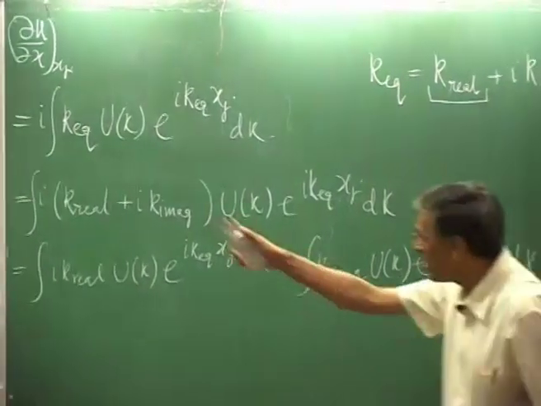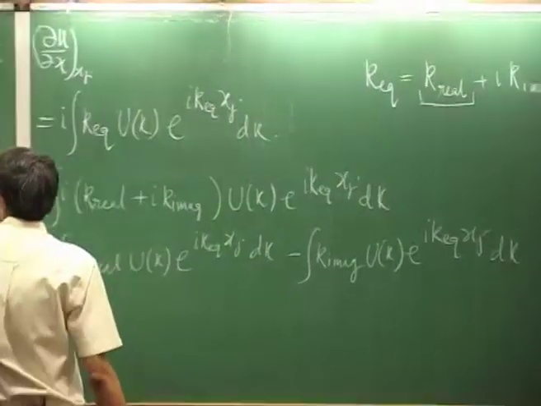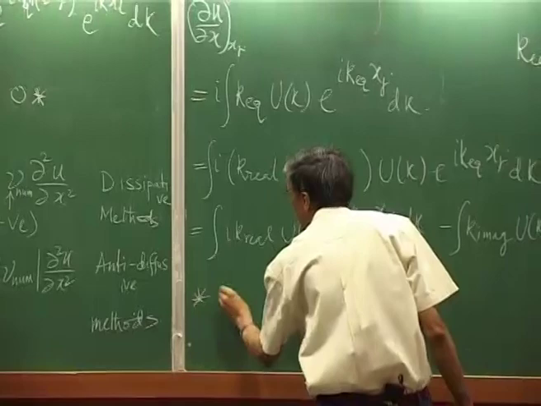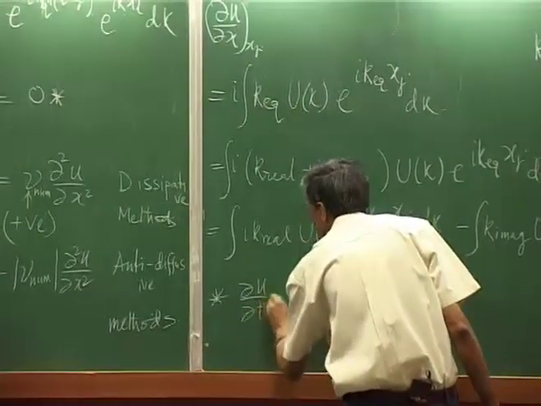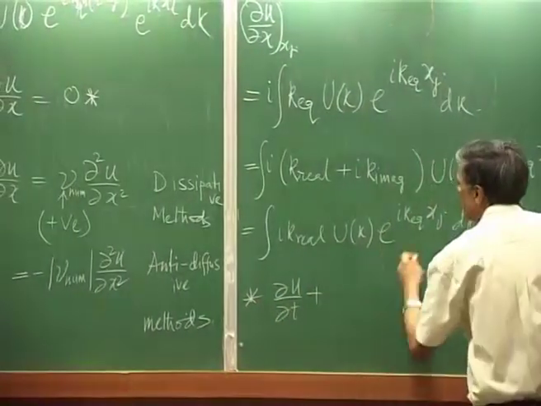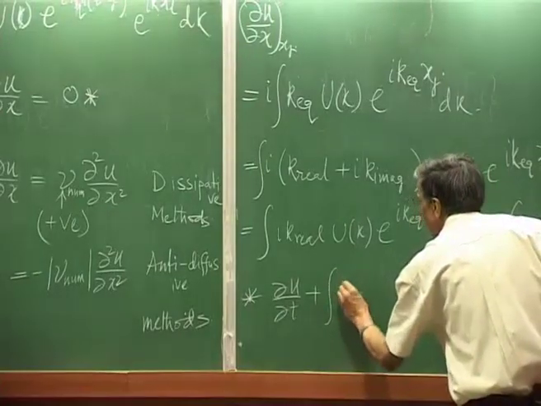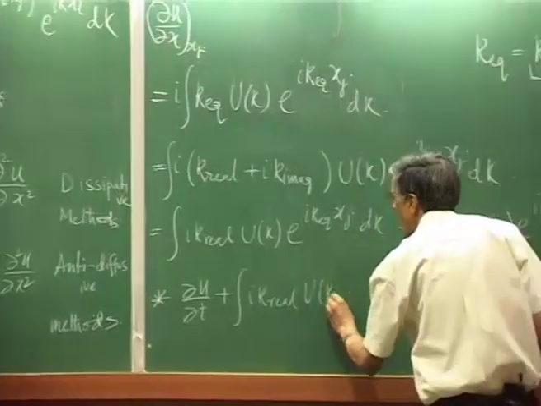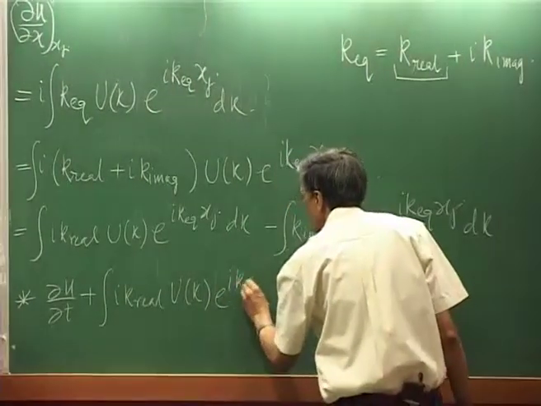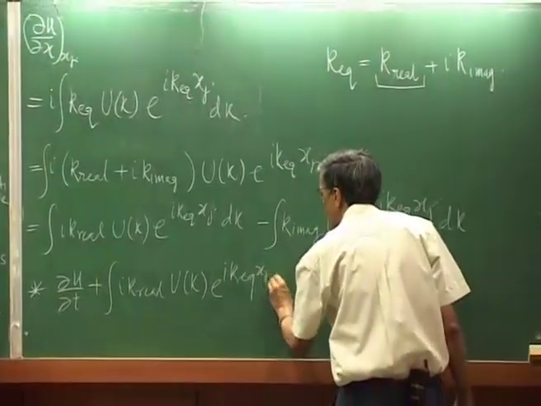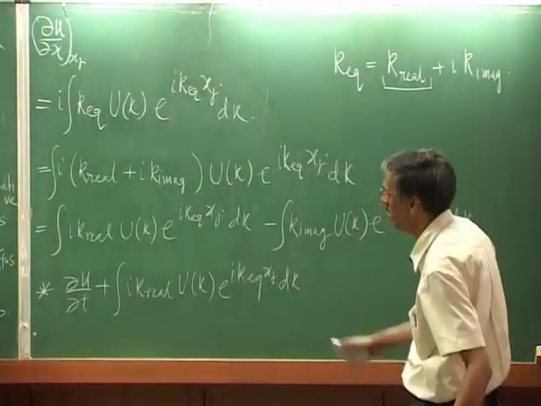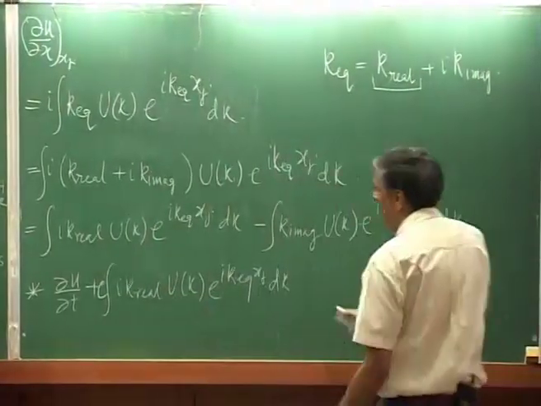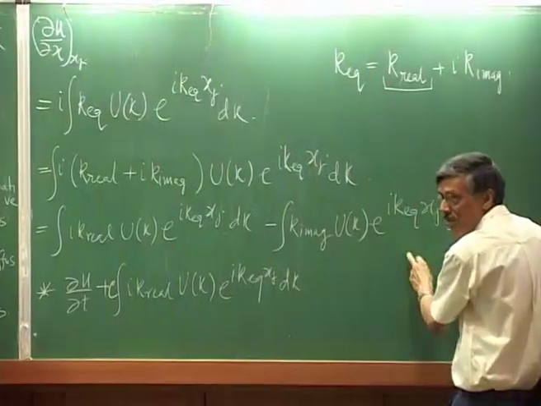Okay. So now if you look at this equation here, what we are getting here is this del u del t plus this part, that is C times this, and this is additionally what has been brought in here.